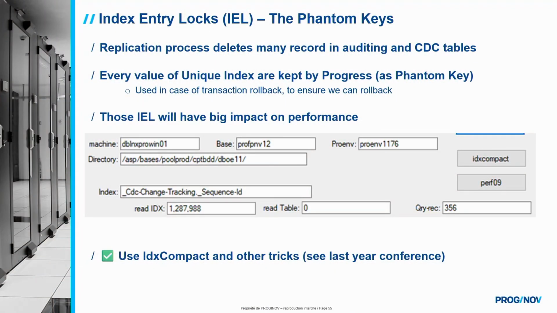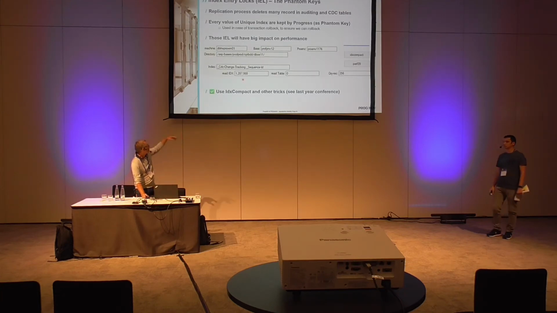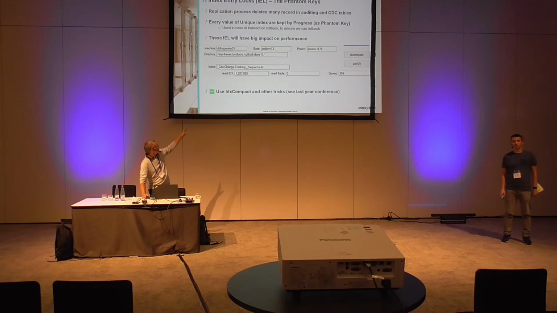Another issue that we deal with is the index entry log, the phantom key. The replication process deletes many records of auditing and CDC. Progress leaves the phantom key of each of these records. For example, in this case, as you can see, I read 1 million index entries of the CDC tracking sequence ID, but 0 records of this table.